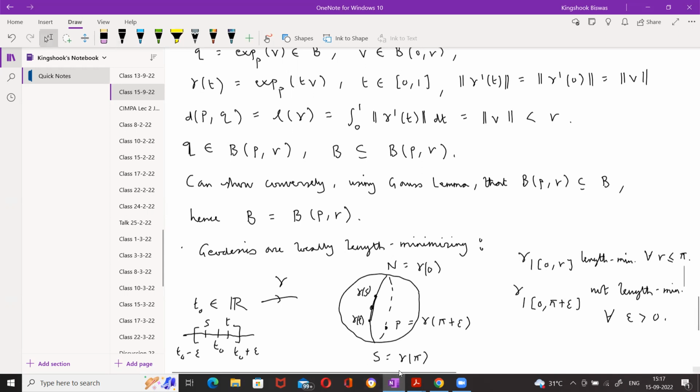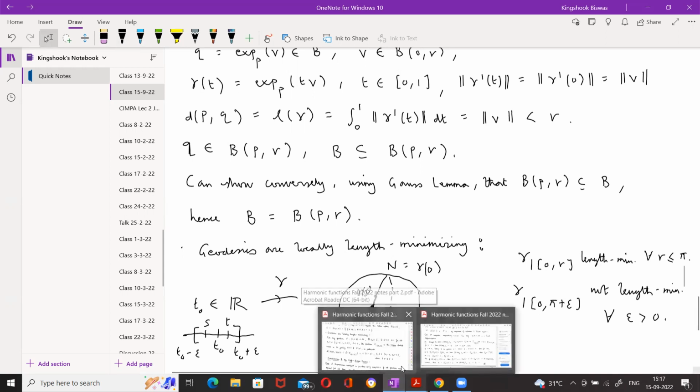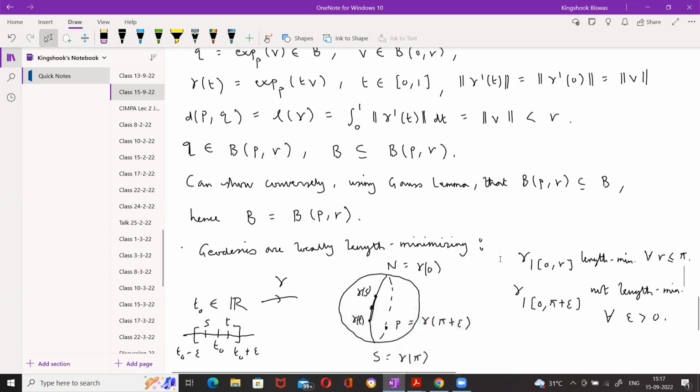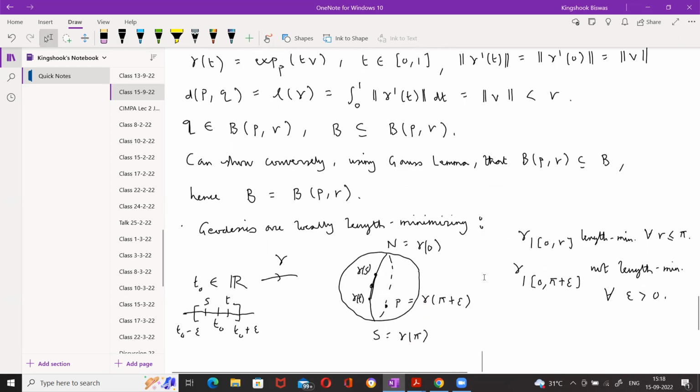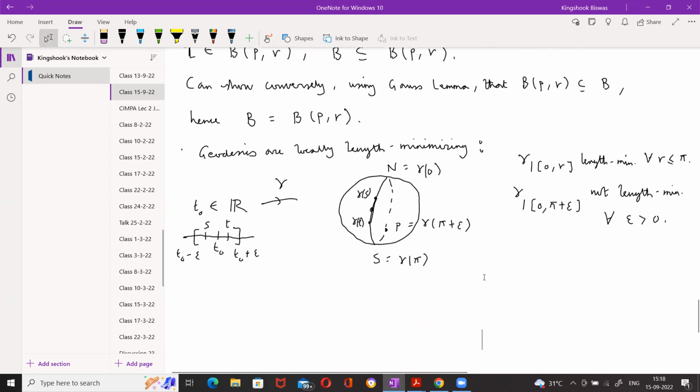Because pi is the injectivity radius here, and the whole sphere is mapped to a point. Yeah, that's right.